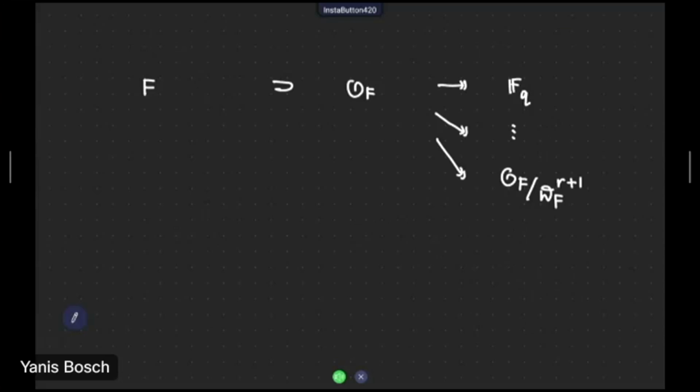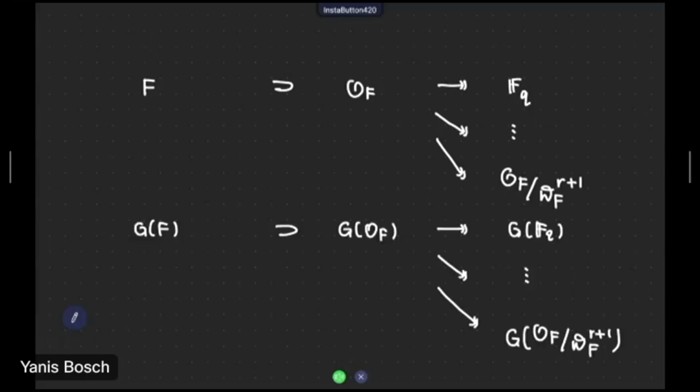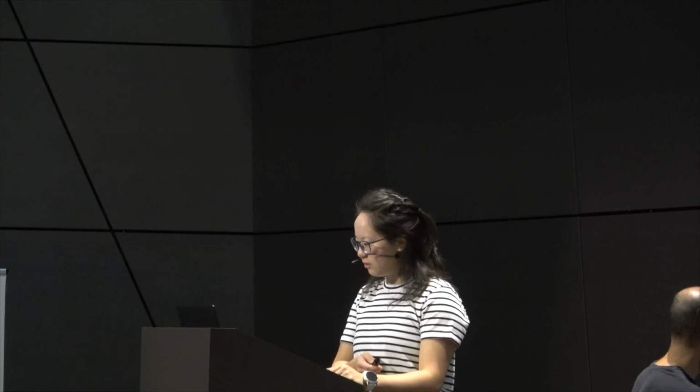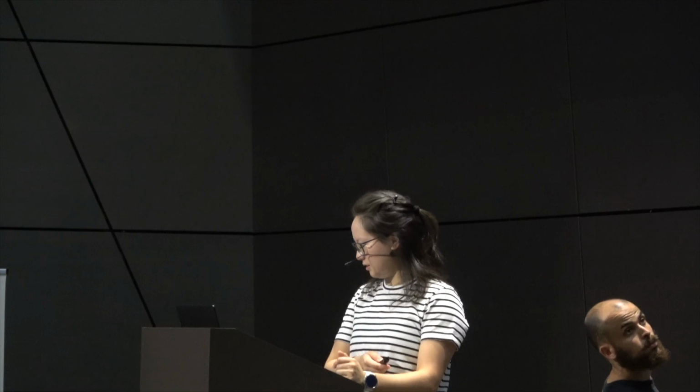And for me, I work with representations of groups like GL_n over F. And for groups like GL_n(F), there's a similar structure. So when I write G(F), you can think GL_n(F) if you wish, or even GL_2(F) is still interesting. And inside G(F), you have G(O_F). And again, there are these quotients to these finite groups on the right.